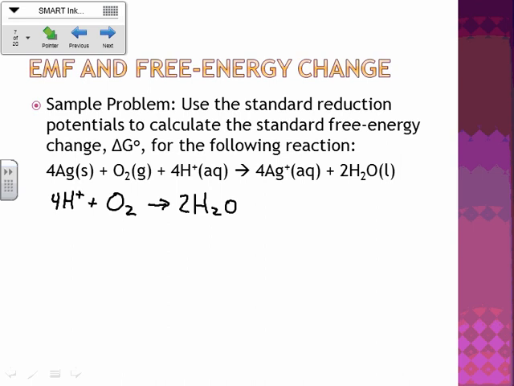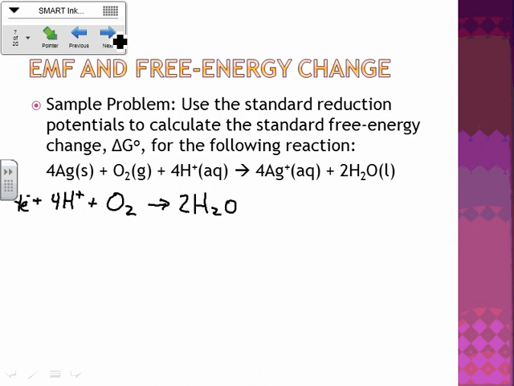And again, we can assume this is an acidic solution because they have H plus in the overall balanced equation. Okay, that means there needs to be 4 electrons over here. But that looks very much like the half equation that they give you here on the reduction potential chart, right?